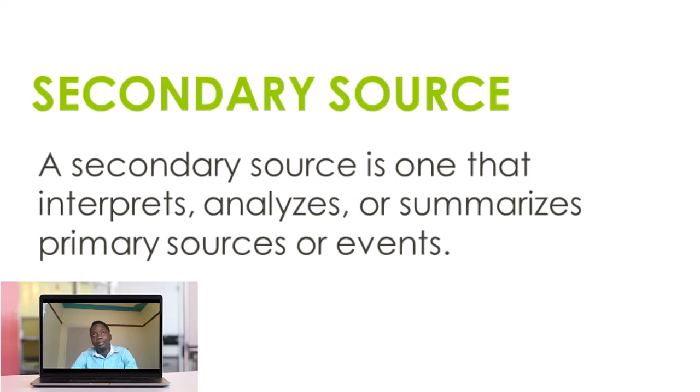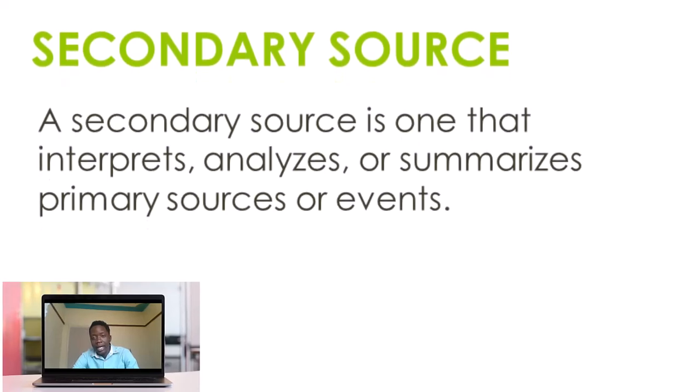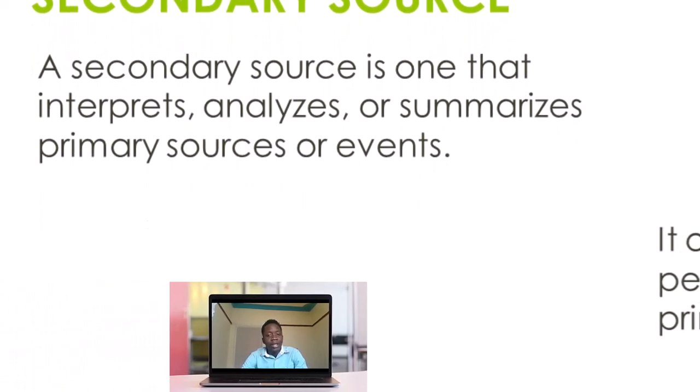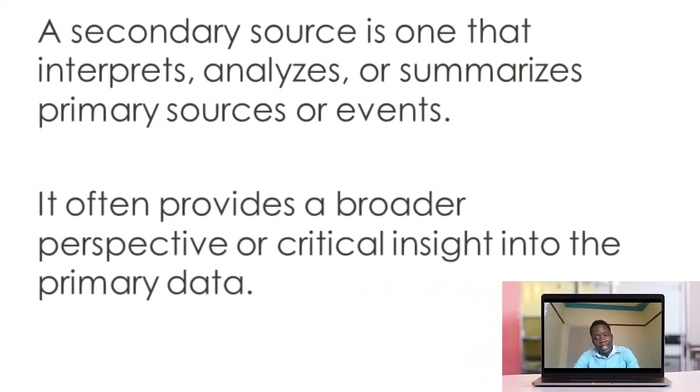If you've gotten a primary source of information, at times you find that it may be too bulky, or too small to give you details about something. That will refer you to a secondary source, which will interpret, analyze, or summarize the primary source of information, so that you'll be able to understand it better.